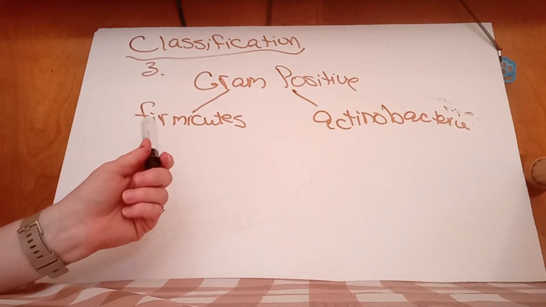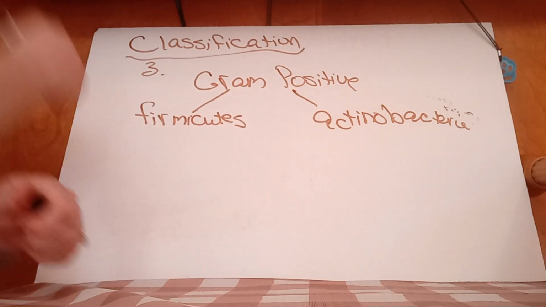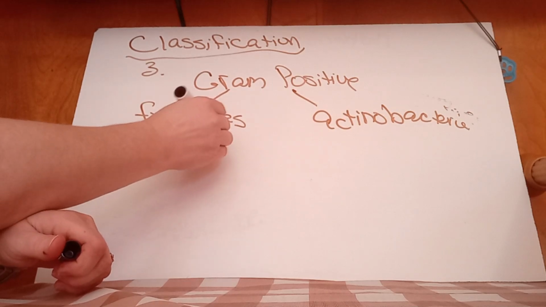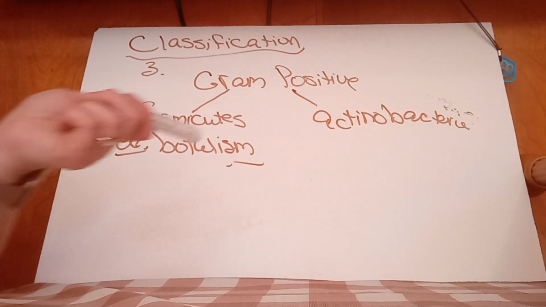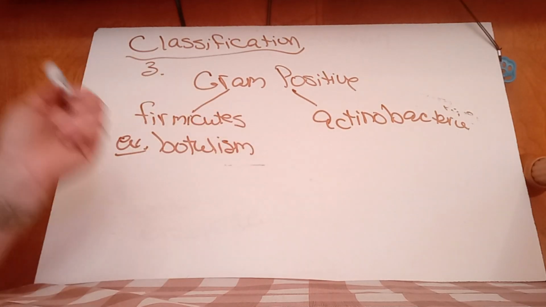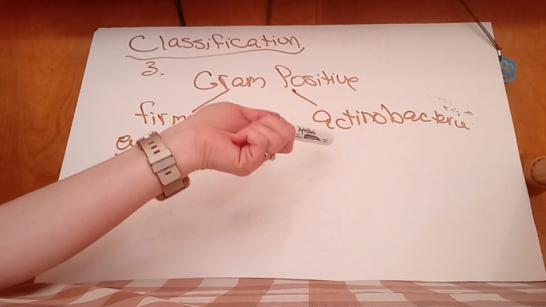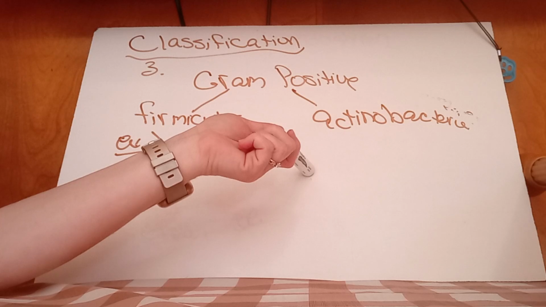They form endospores, so they're hard to get rid of. An example of this is botulism, which is a super deadly bacteria if you get it. It comes from things not canned properly. The actinobacteria has higher cytosine and guanine, and it has filaments that make a network-like appearance.